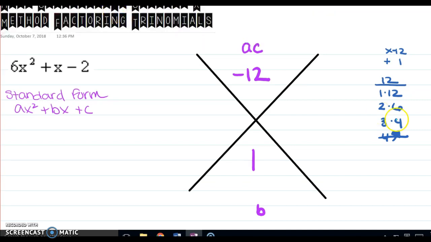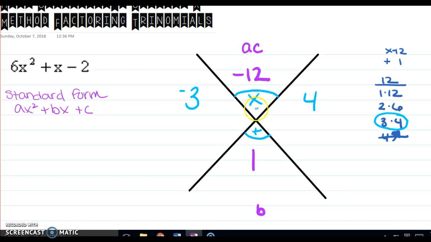What would work is 3 and 4 if we made 3 negative. So we're going to make 3 negative and 4 positive. And this is where you stop and check. Does -3 times +4 equal -12? Yes. And is -3 plus 4 equal to 1? Yes.